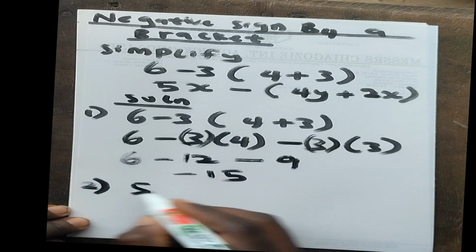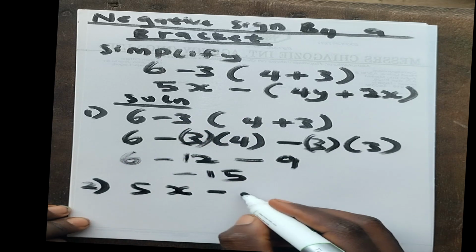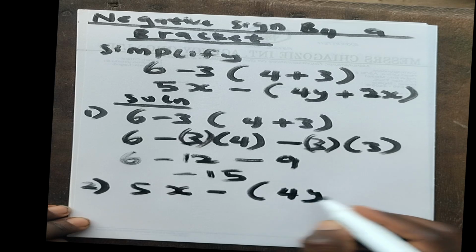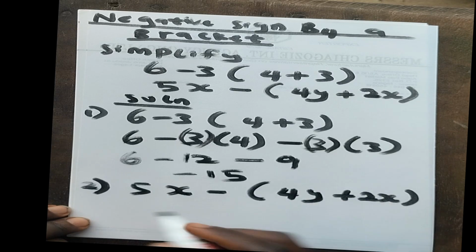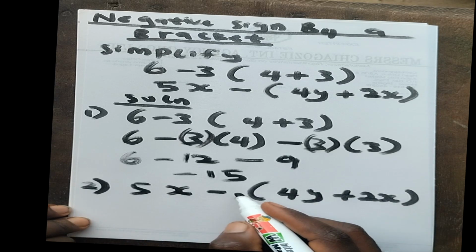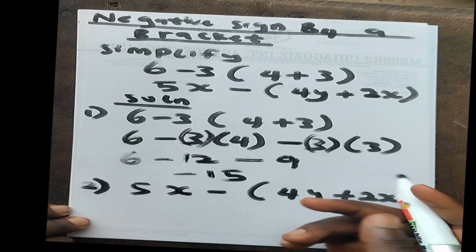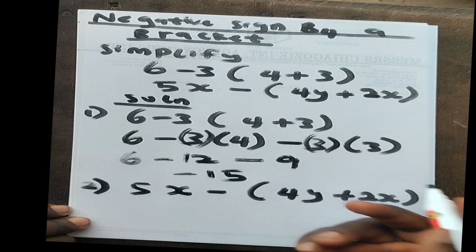Number 2 is 5x minus bracket 4y plus 2x. There's a negative term, which is minus 1, but by convention we leave it as minus.